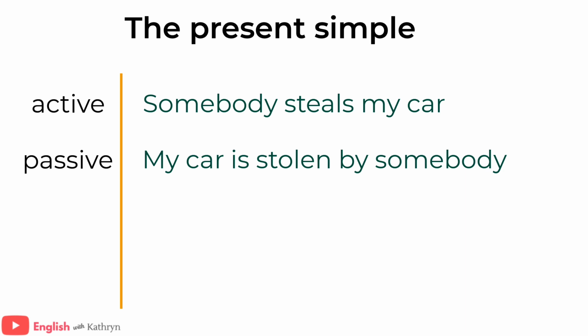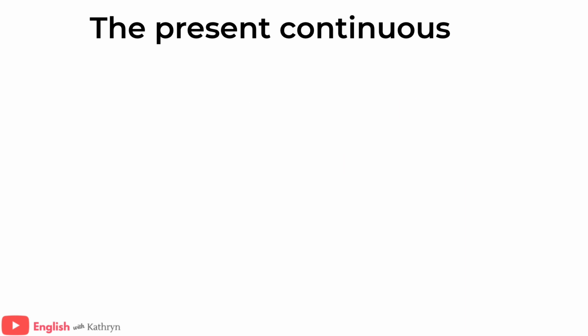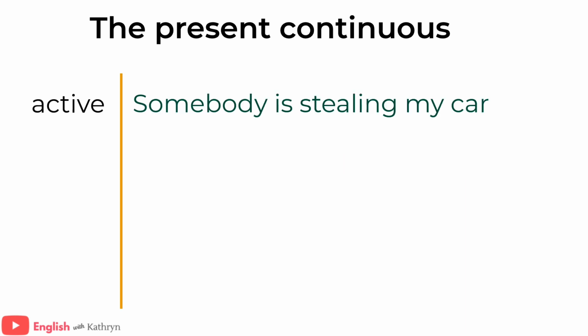Okay, let's move on to the present continuous. Somebody is stealing my car. Again, this is the active sentence. I want you to pause the video and put the sentence in the passive. Yeah, this one is a little bit trickier, right? So let's see the answer.